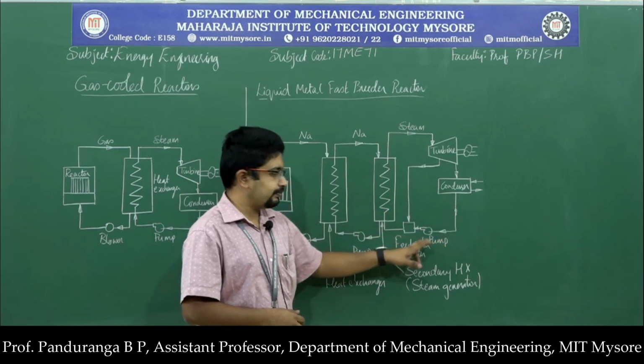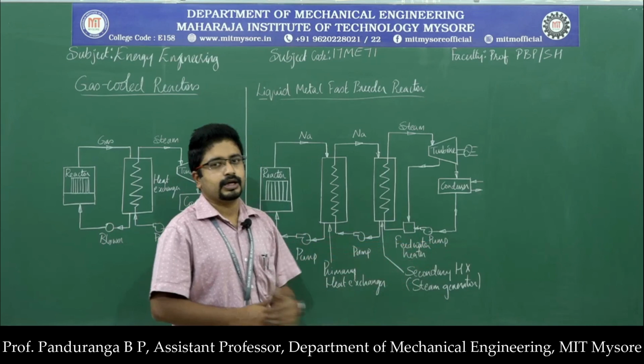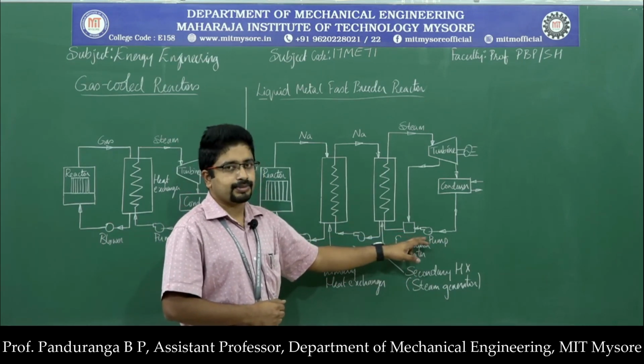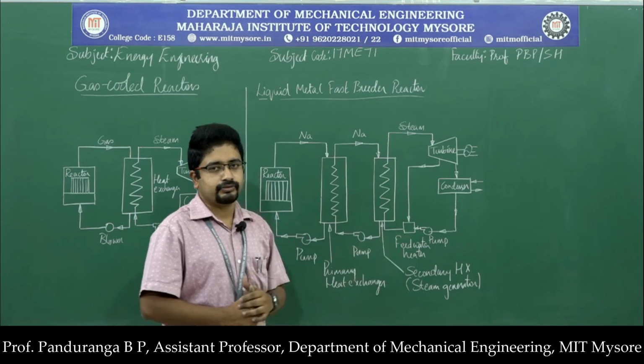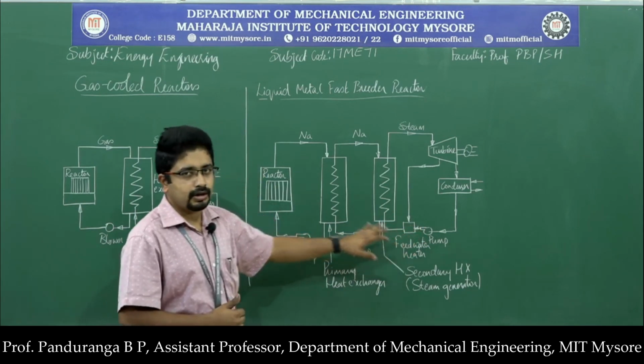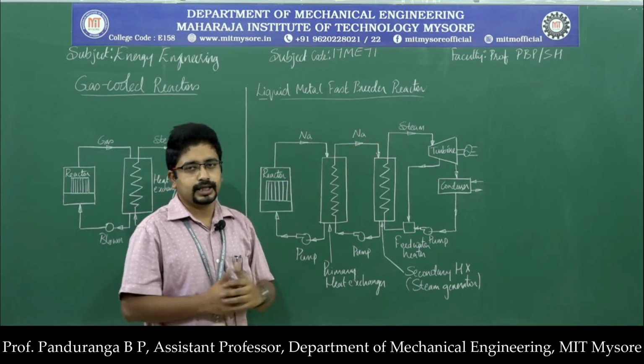That condensed steam is pressurized and pumped with the help of a feed water pump, and then the pressurized water is sent to the feed water heater. Then this is the working of a liquid metal fast breeder reactor.